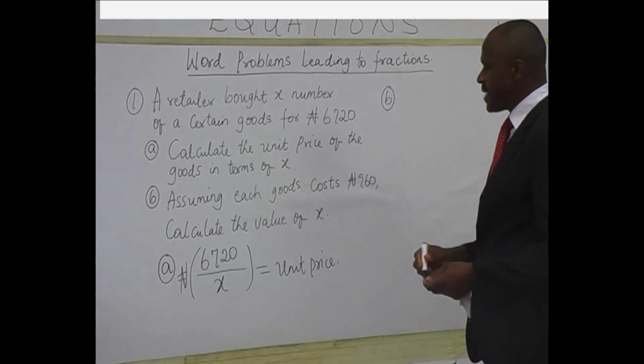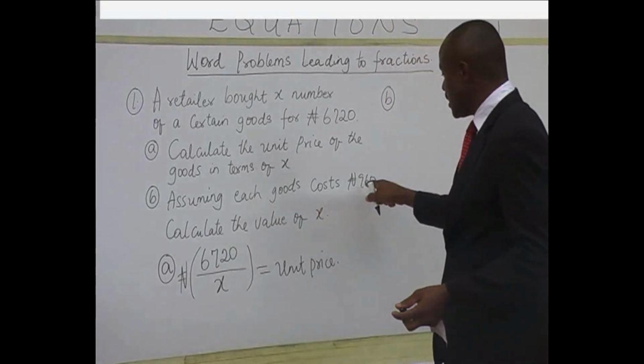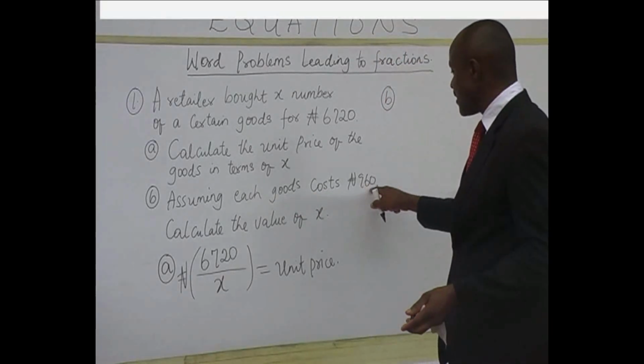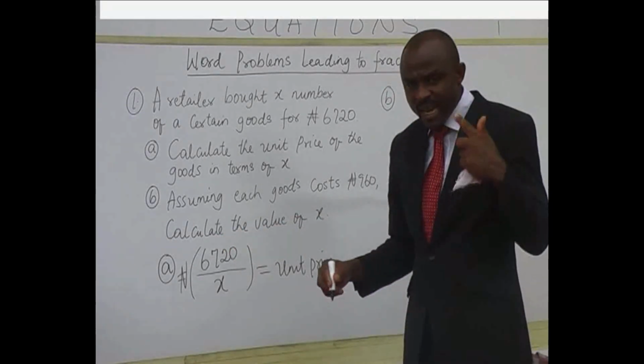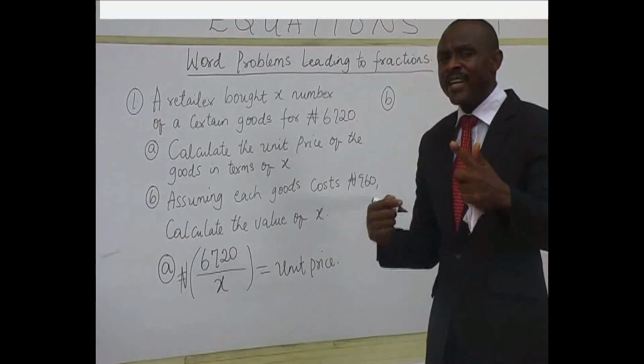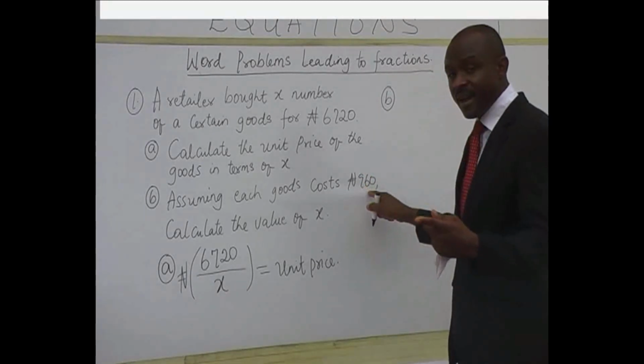Question number B says that assuming each goods costs 960 naira, calculate the value of X. It is the other way of saying that the unit price is 960 naira.